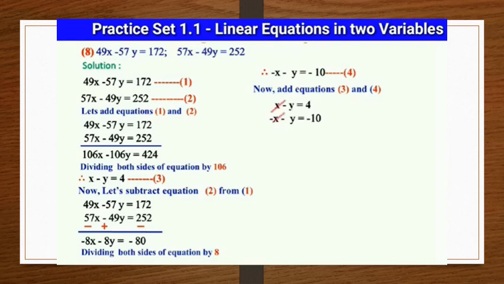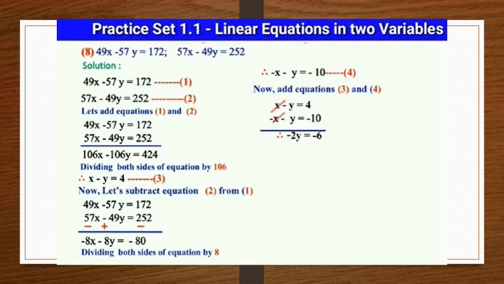So when we add them, plus x minus x cancel each other. We get minus 2y, because minus y minus y, same sign, we add and place the same sign. So minus 1 minus 1 we get minus 2, plus 4 minus 10, two opposite signs we subtract and place the greater number sign.